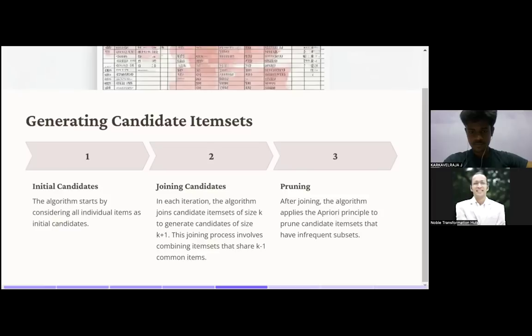And then we have pruning, which is deletion. After joining the item sets, the algorithm applies the apriori principle to prune the candidate item sets that have infrequent subsets. This is how, with simplicity, these 3 steps are involved in generating candidate item sets.